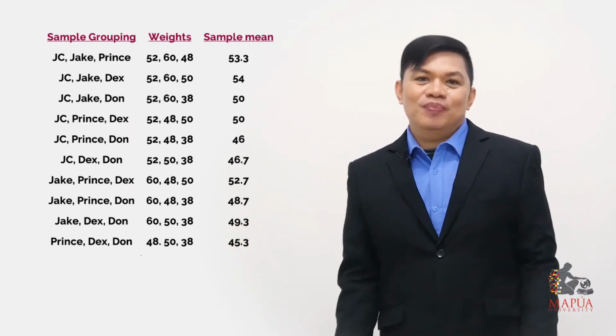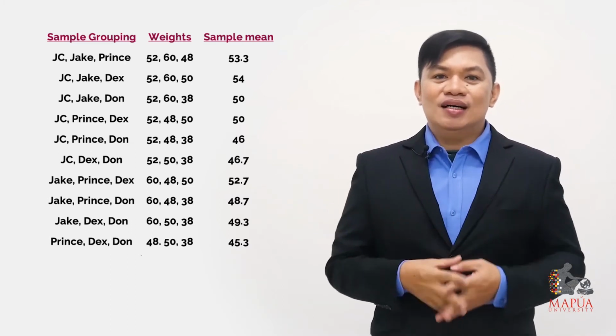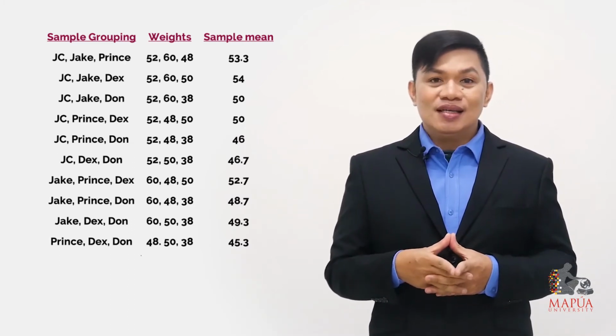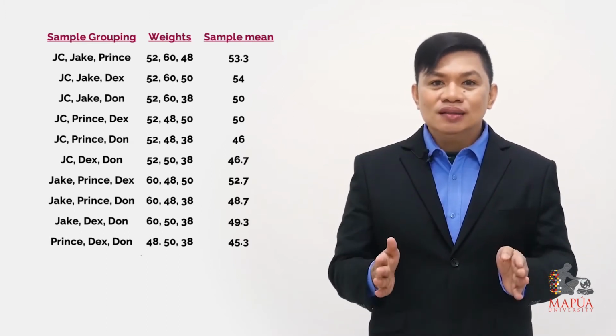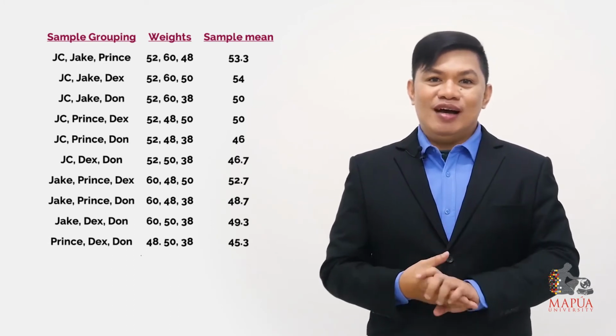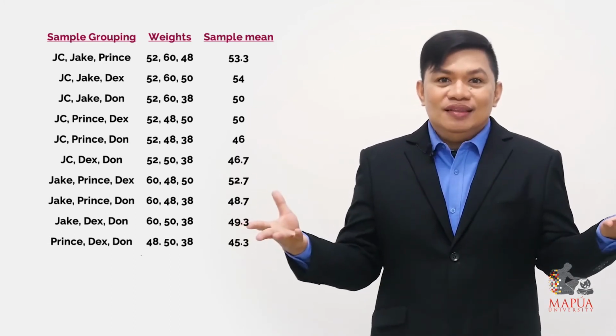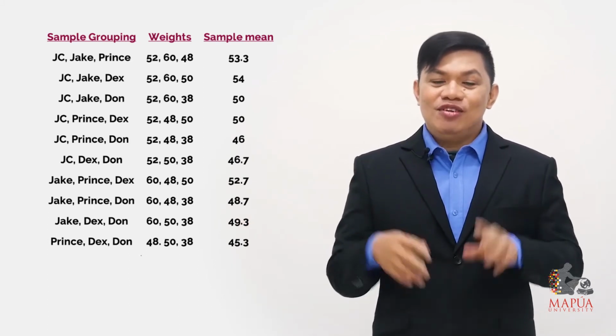Very good. So, based on these tabulated means, our random variable corresponding to the mean of the samples will have 9 possible values. Why 9? Well, of course, because 50 was repeated.